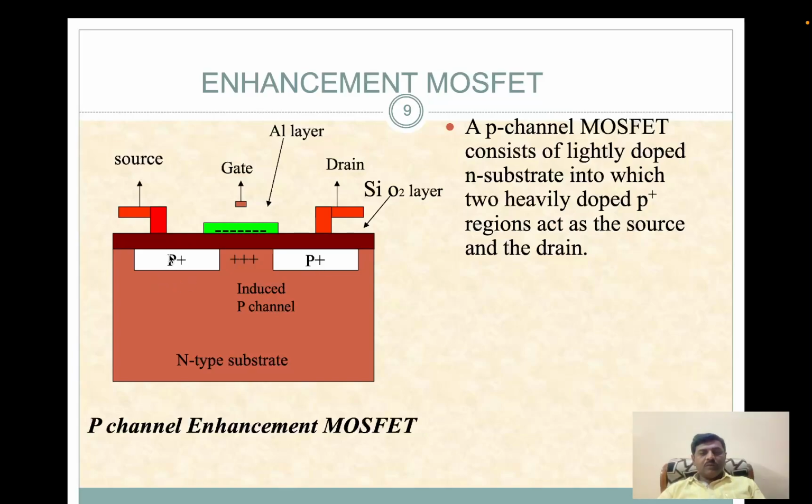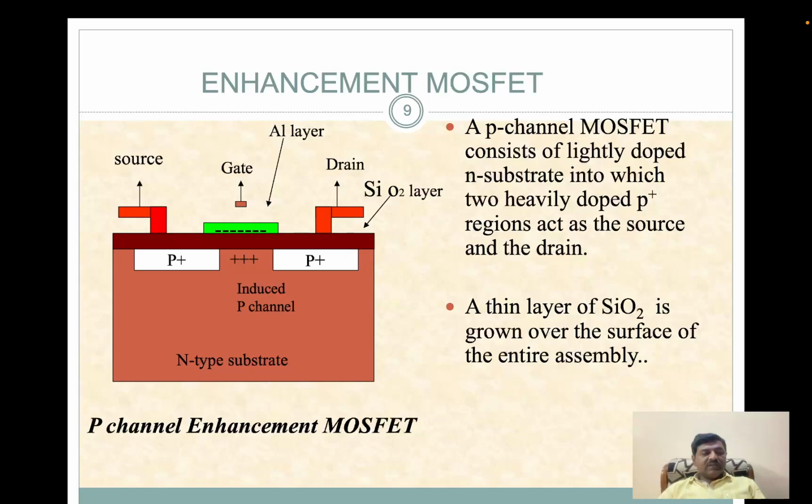These two are called one terminal the source, and another the drain. A thin layer of silicon dioxide is grown over the surface of the entire assembly. This is the silicon dioxide layer.